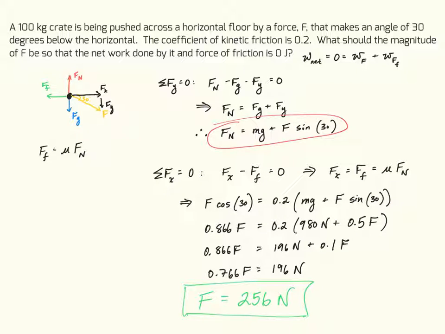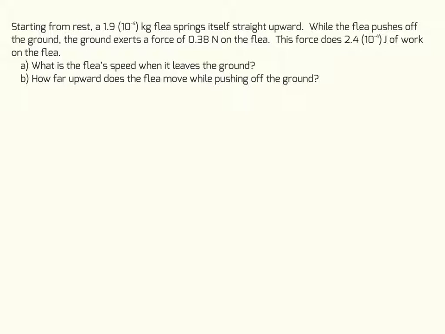Okay, so the next problem that I'm going to go through is a work and kinetic energy theorem problem. All right, so here's our work and kinetic energy theorem problem. So we have an itty-bitty flea here, and it springs itself straight upward. So starting from rest, then we know that the initial velocity of that flea is 0.